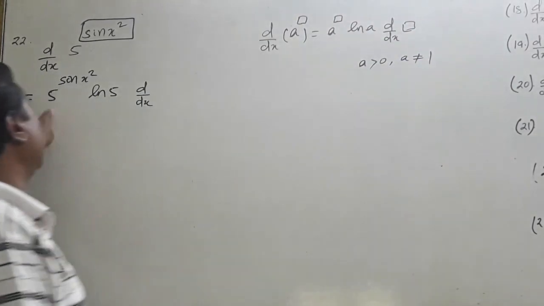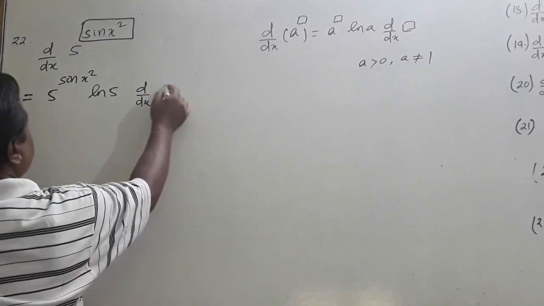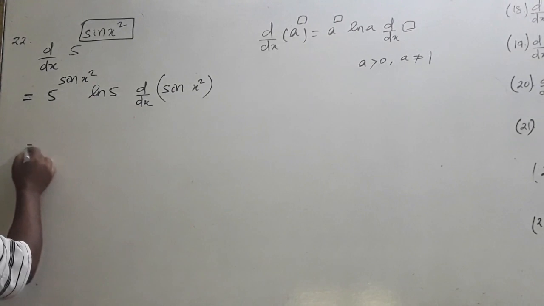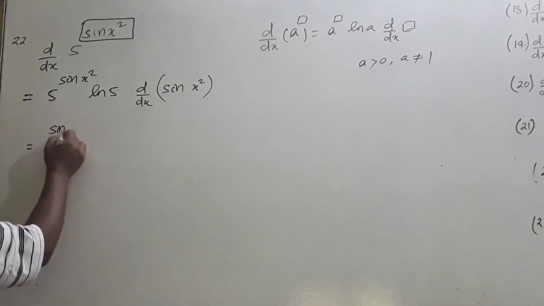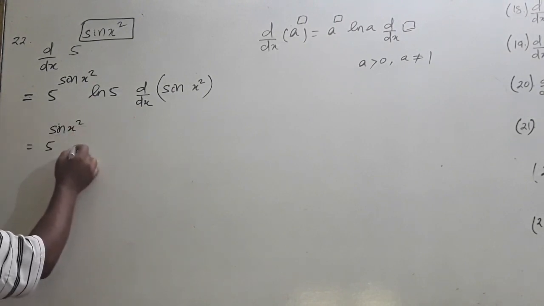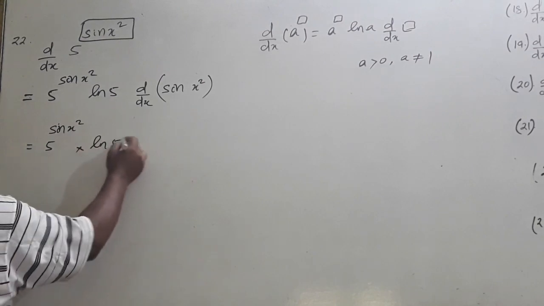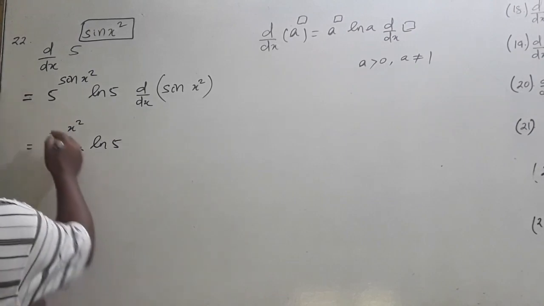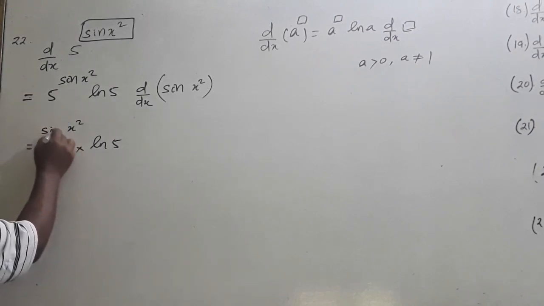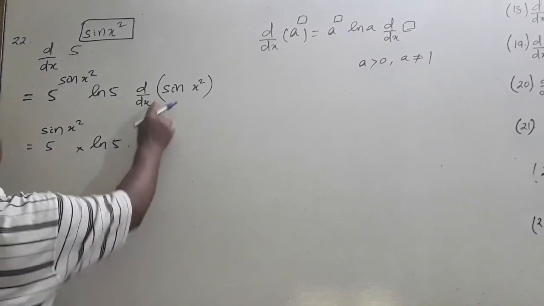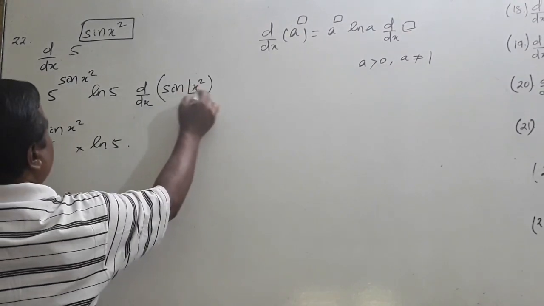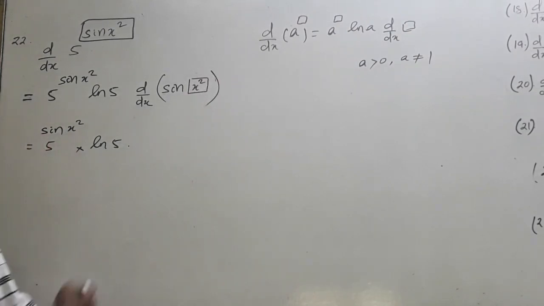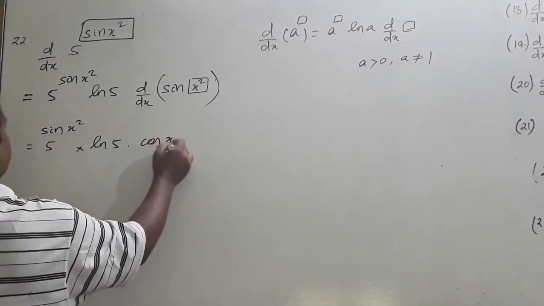Here a is 5. So it is 5 to the power sine x square into ln 5 into d by dx of sine x square. What is the derivative of sine box? It is cos x square.